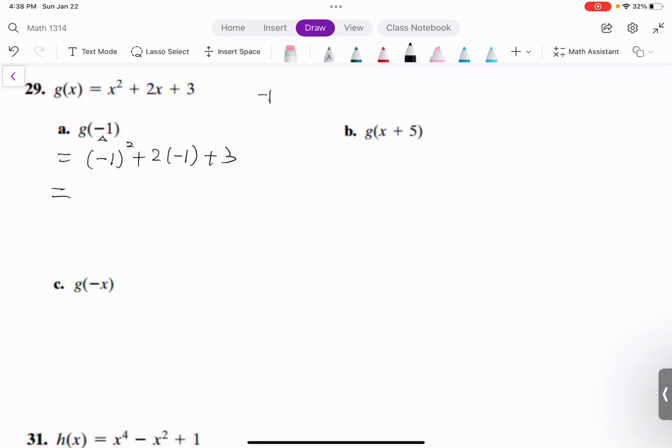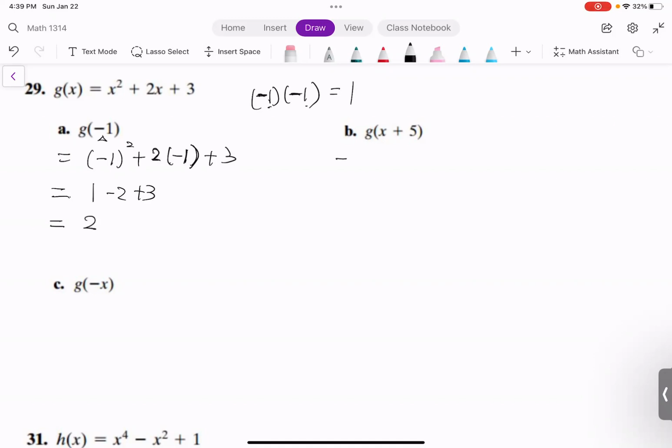Squared means negative 1 times negative 1. So negative, negative, positive. 1 times 1 is 1. And the next term, 2 times negative 1. That's negative 2, minus 2, plus 3. So 1 minus 2 is negative 1, plus 3 is positive 2.